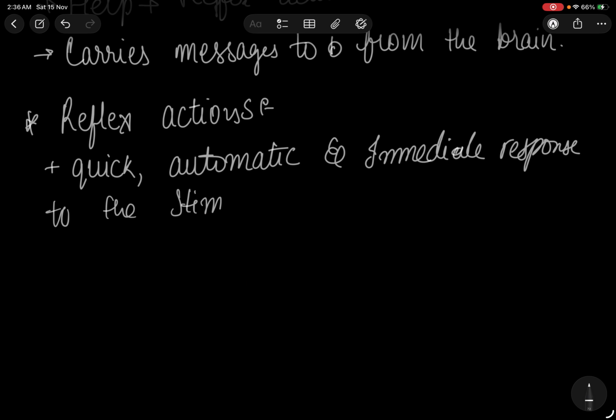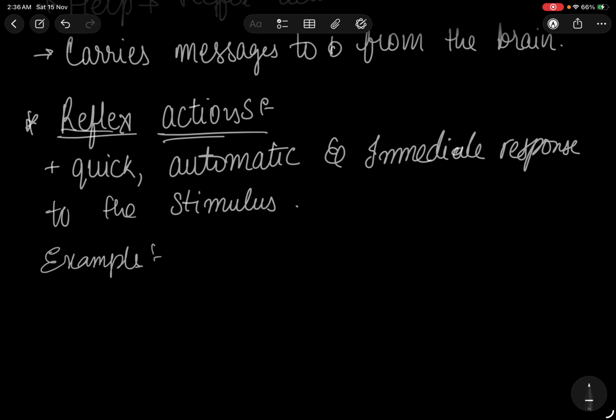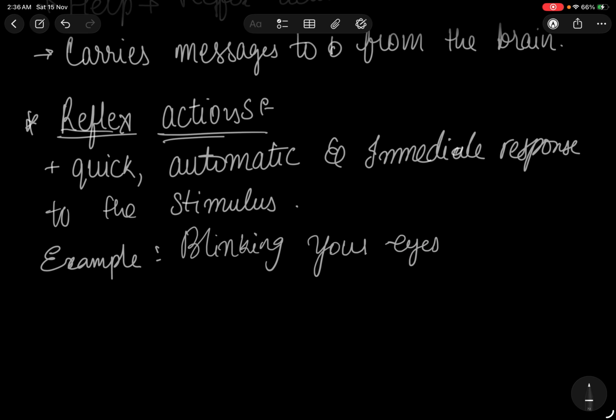So what is meant by the stimulus? It is a change in the environment. For example, pulling hand away from the fire, blinking your eyes, and also knee jerk when you go to the doctor's clinic. So these are some of the examples.